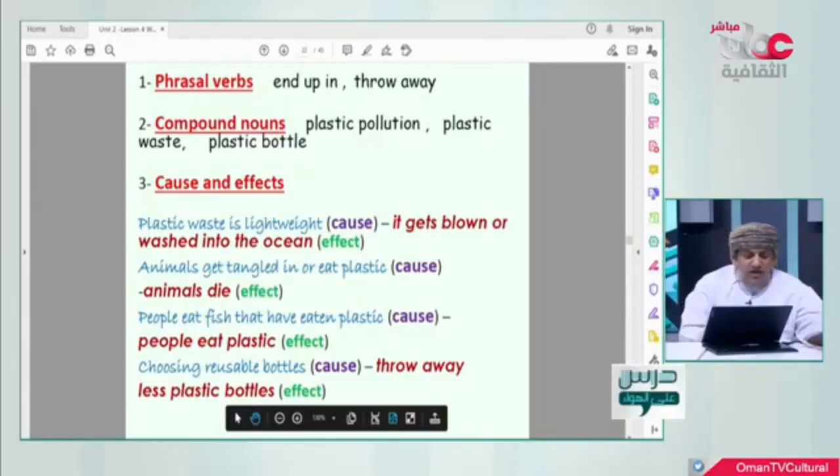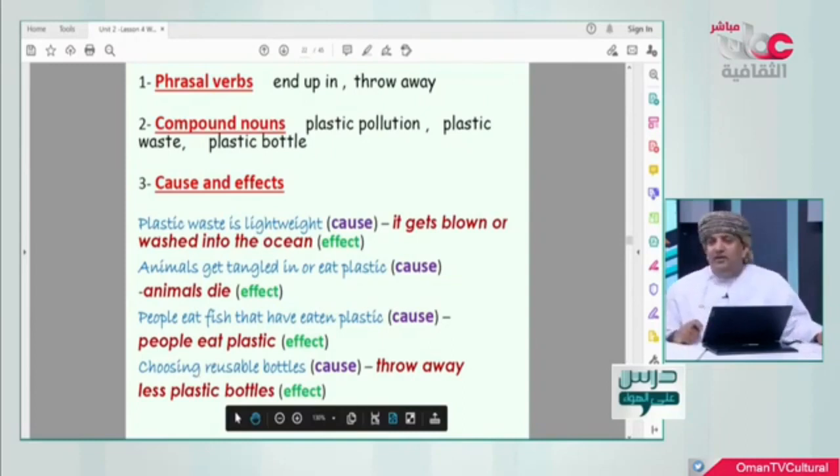This is the cause. Animals die. This is the effect. Also, animals eat fish that have eaten plastic. This is the cause. And people eat plastic. This is the effect. Also, choose reusable bottles. This is the cause. And throw away less plastic bottles. This is the effect. Yeah.